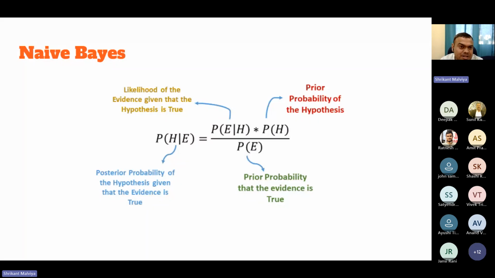The number of classes could be multiple, so think of it as a multi-class classification problem. The hypothesis is nothing but the class that we want to find out for the given evidence. Think of the evidence as an input. One input is given and we want to find the probability of each class.